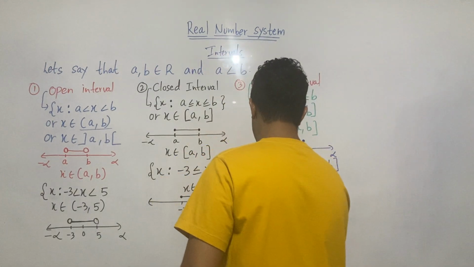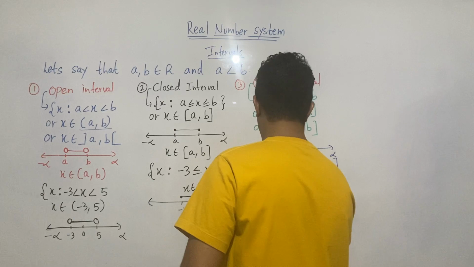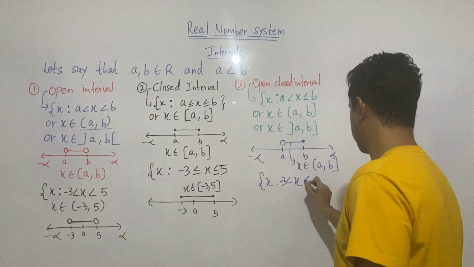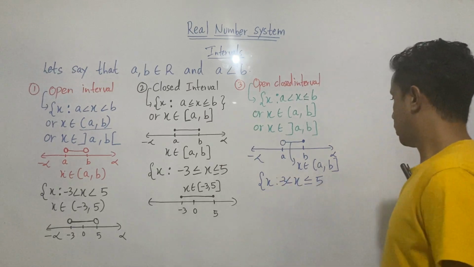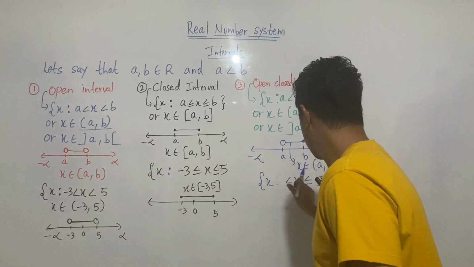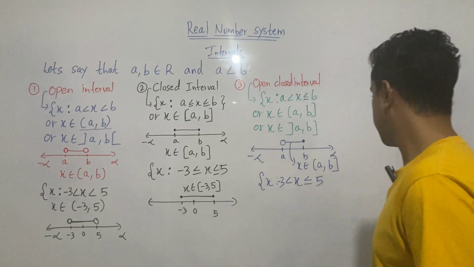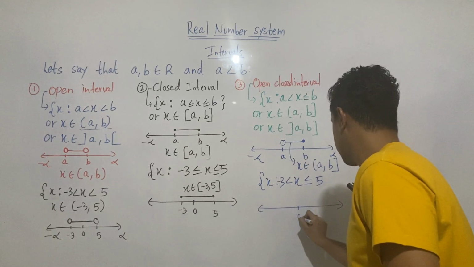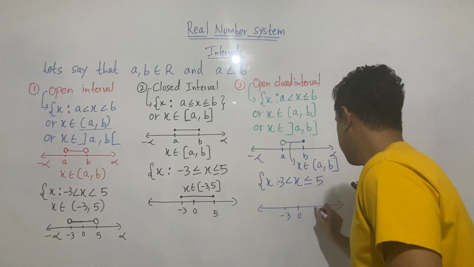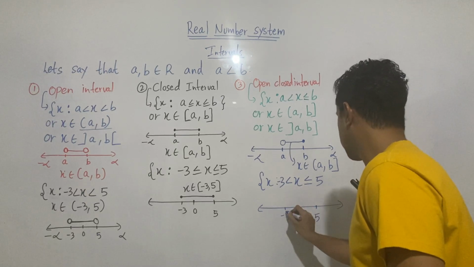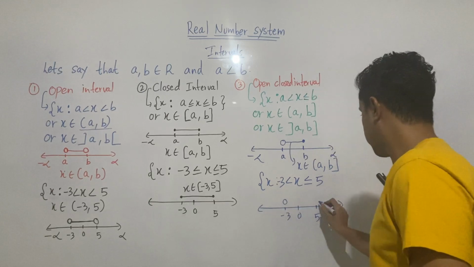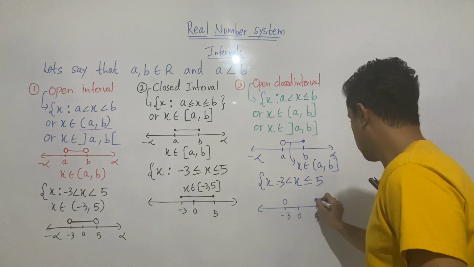Okay, so here your x lies between -3, this is open, and here this is closed. Okay, so here, see, this is the number line, here 0, this is -3, this is 5. So this is open, right? Open means hollow and closed means solid.